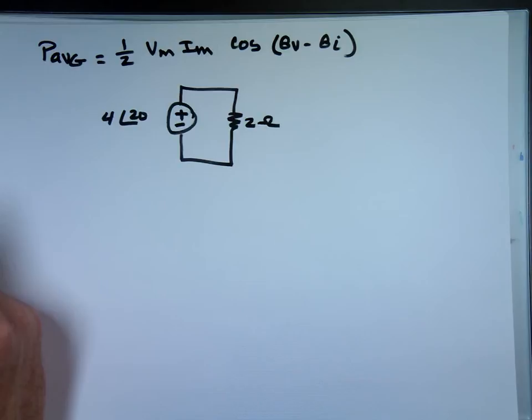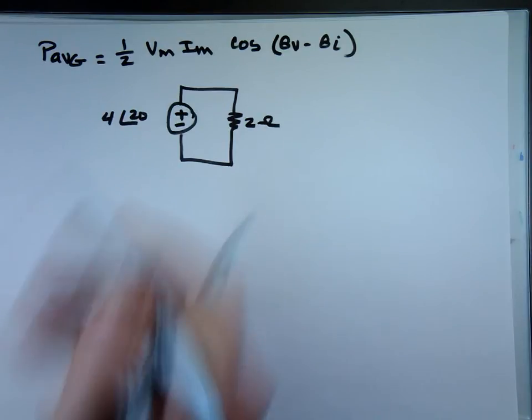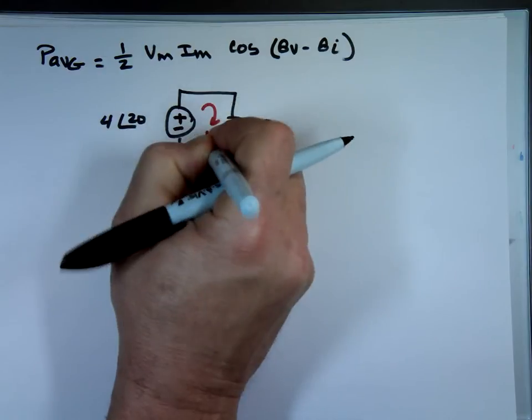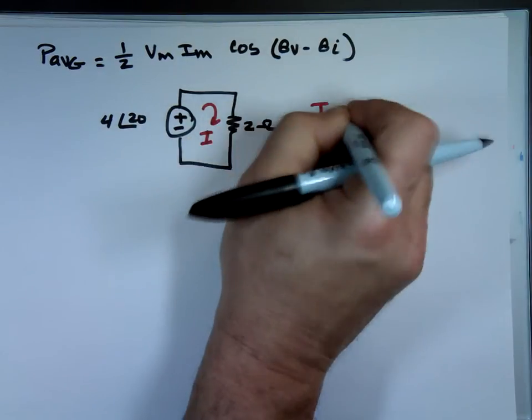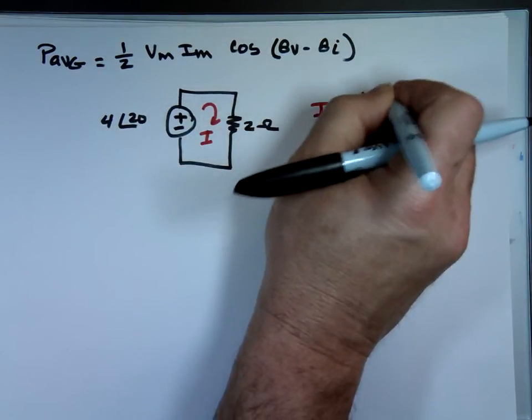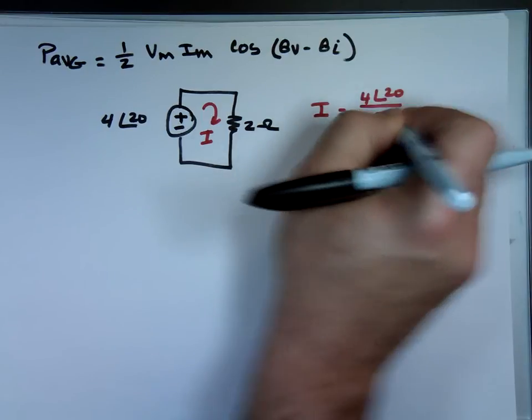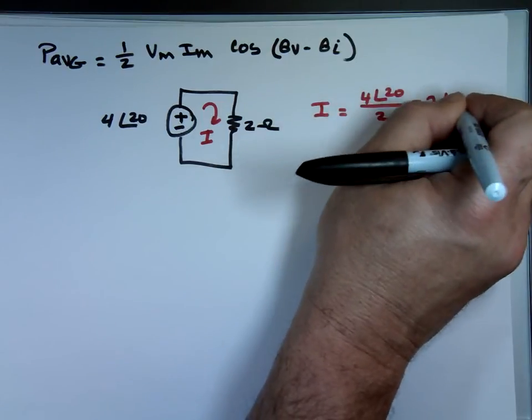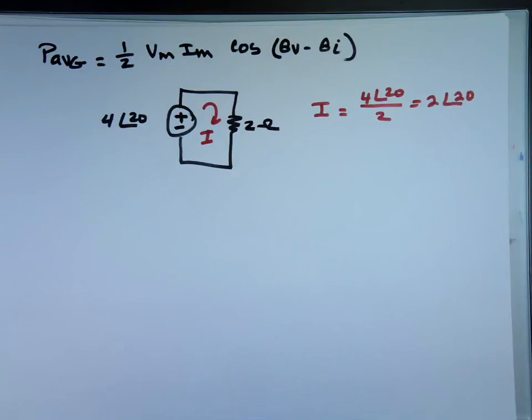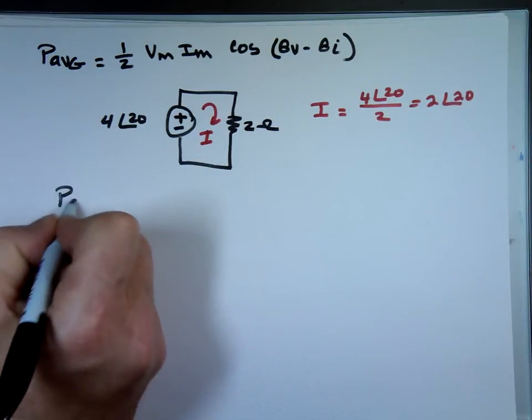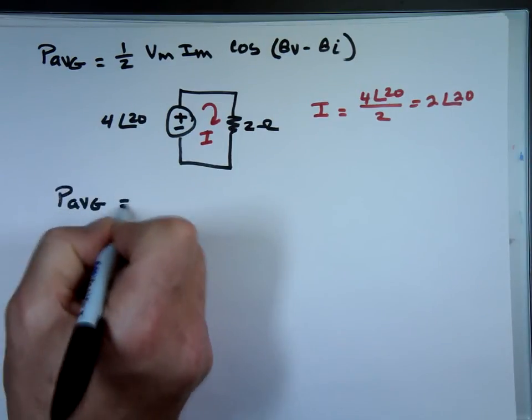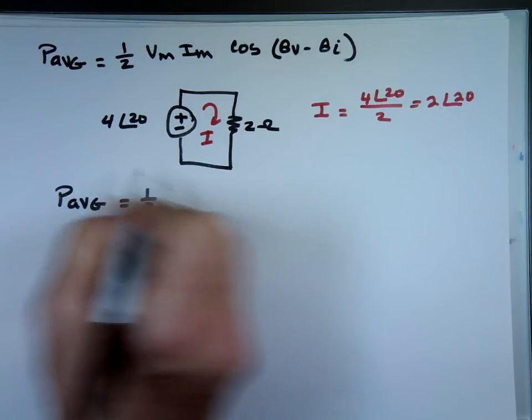Right? What's the current? I equals what? 4 angle 20 divided by 2, which is what? 2 angle 20. So the average power, it's 1/2 V max, I sub max.